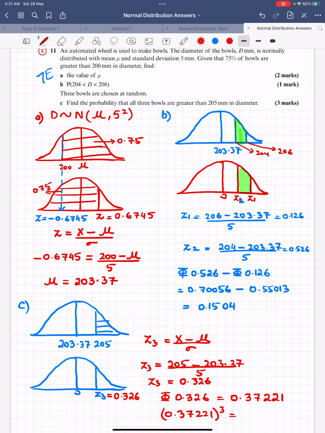So it's the cube of the same probability, which is 0.0516.